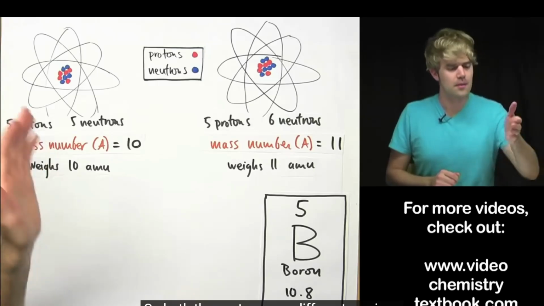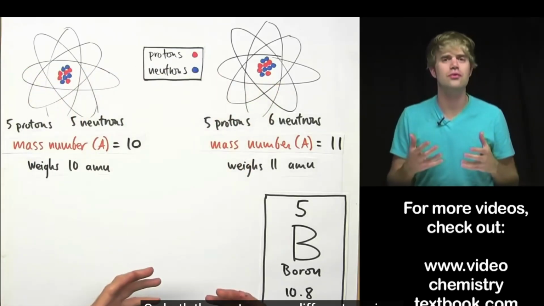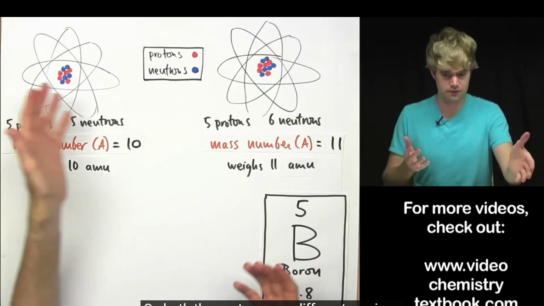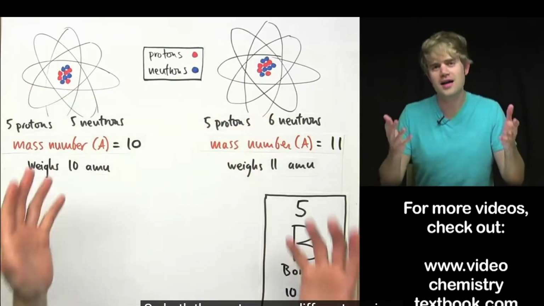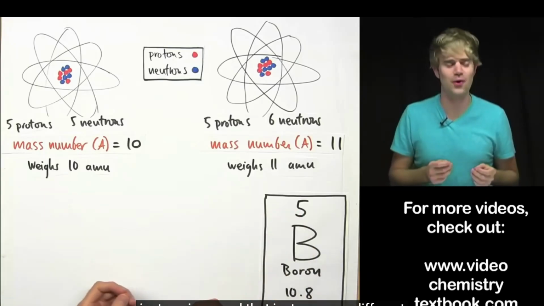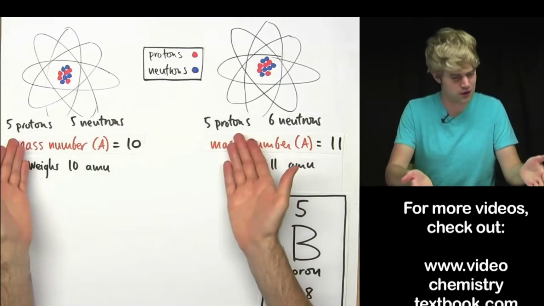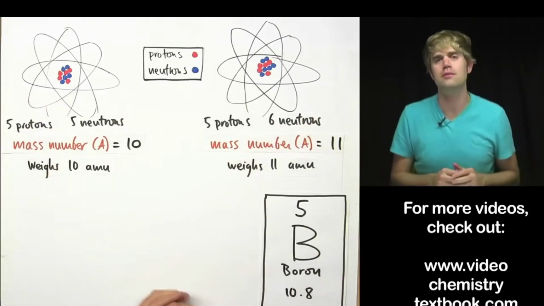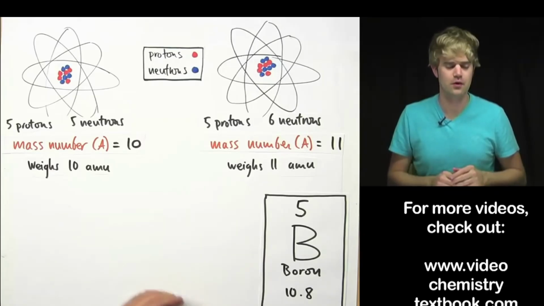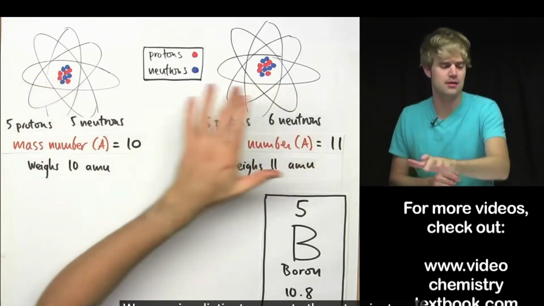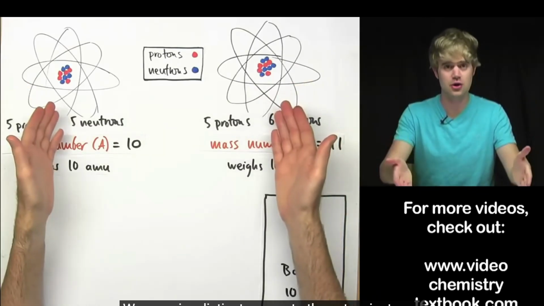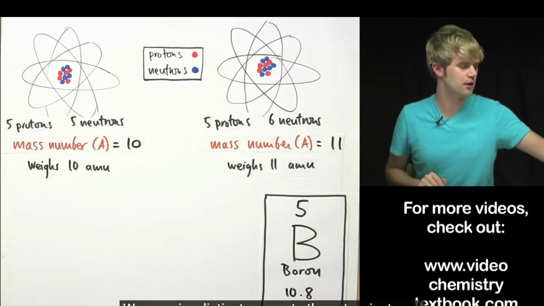So, both of these atoms are different versions of boron. They're different isotopes. An isotope is a word that just means a different version of an atom that has the same number of protons, but a different number of neutrons. We can give distinct names to these two isotopes or versions of boron.